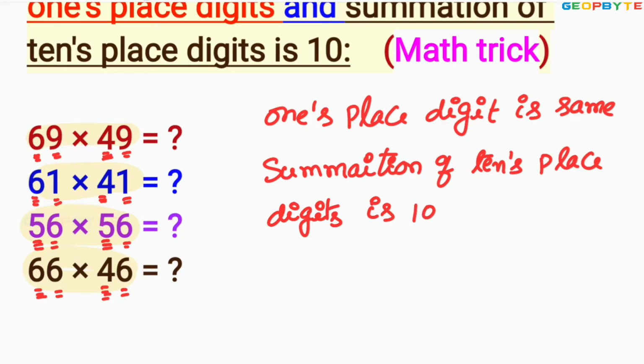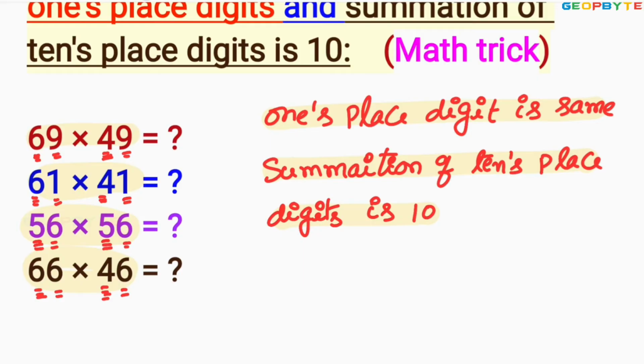Two conditions: the ones place digit is the same, and the summation of the tens place digits is 10. You can do this calculation by the regular approach, but it takes more time. Let us discuss how we can complete this multiplication very quickly, in 5 or 6 seconds.